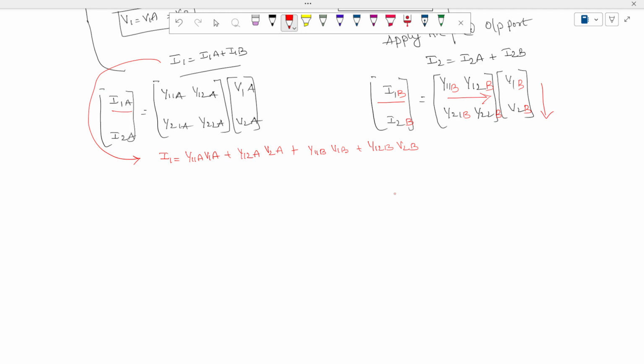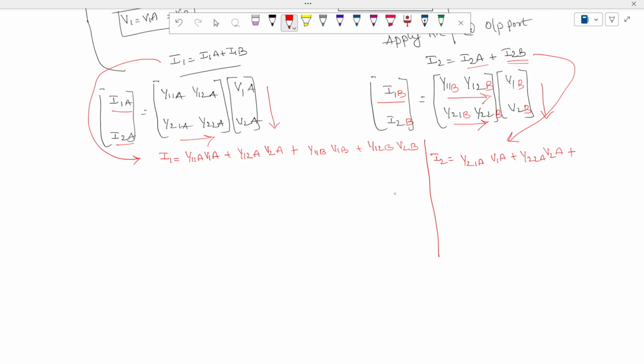So this is one equation, and the second one is I2 is equal to I2A plus I2B. How to write I2A? I2A I can write as row into column, Y21A V1A plus Y22A V2A, plus I2B.